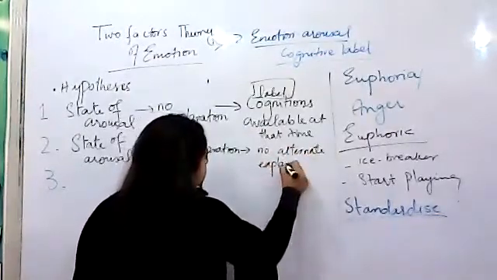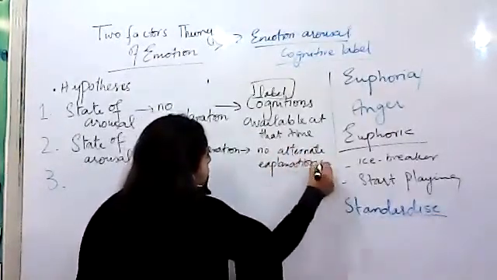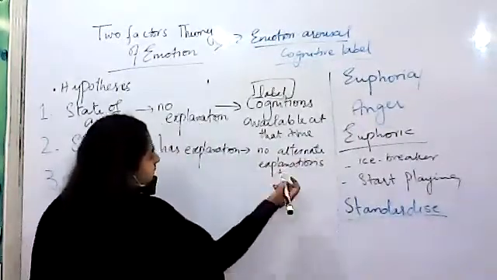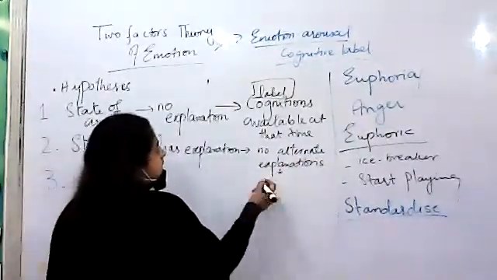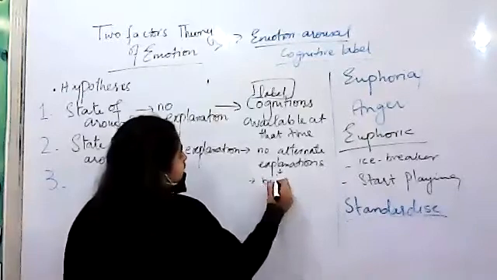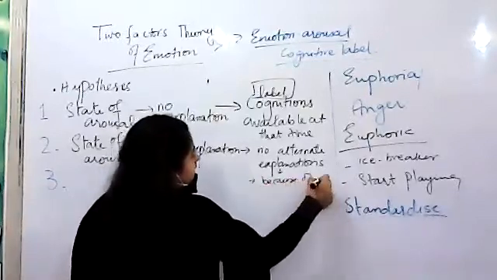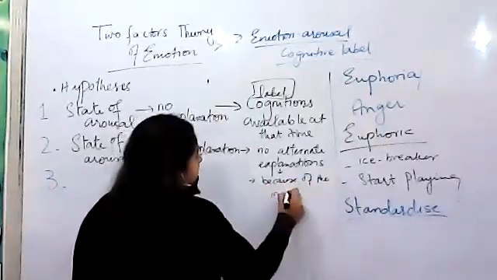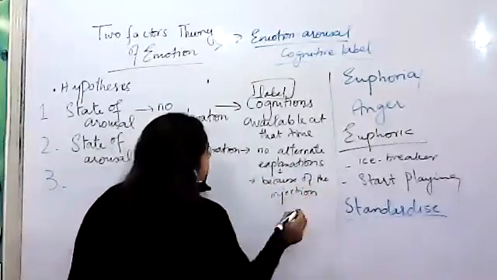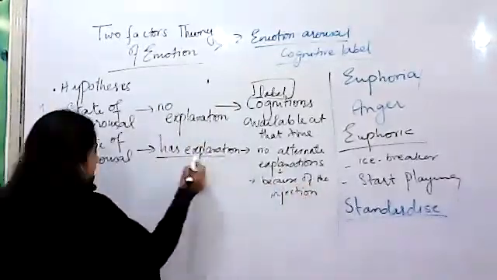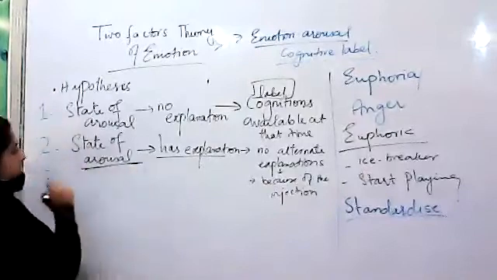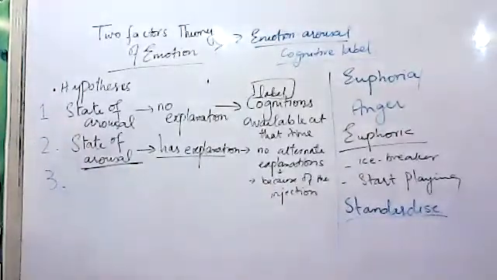For example, in this study, we are going to say it is because of the injection, because you already have an explanation for the physical arousal you have at that time.